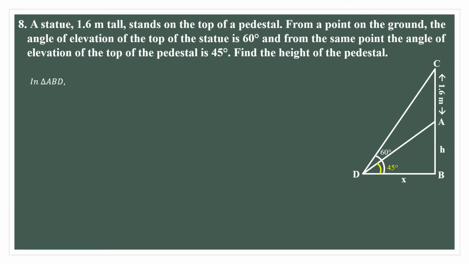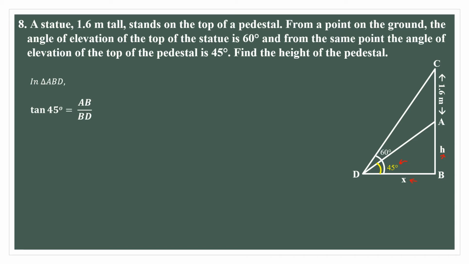First of all, we consider triangle ABD. Here the angle is 45°. This is height and this is base, or the perpendicular and the base. So the relationship between them is tan θ. So we will consider tan 45° equals AB by BD.